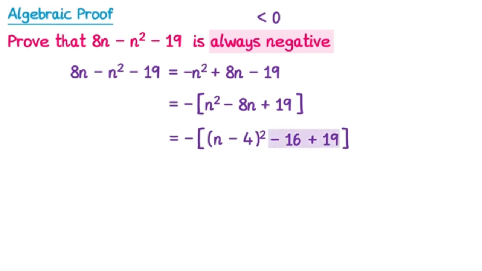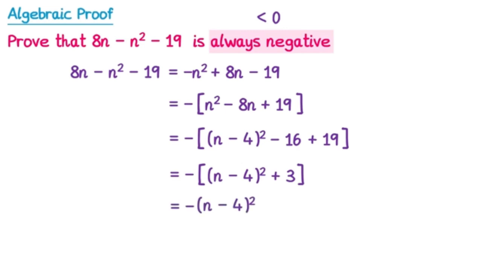We can then simplify these terms here, so we have negative (n - 4) squared, negative 16 plus 19 is plus 3. Now we can multiply back through by negative 1. So we have negative 1 multiplied by this bracket, which is just negative lots of the bracket, and then negative 1 multiplied by positive 3, which is negative 3.